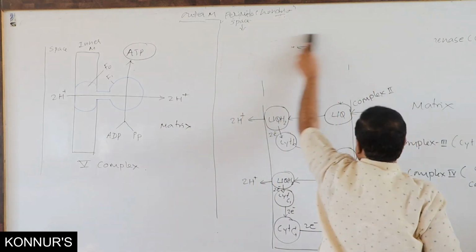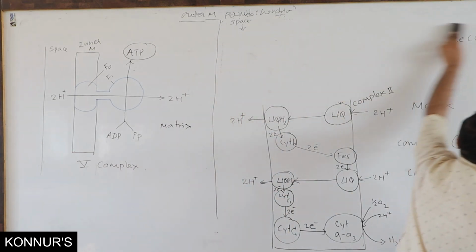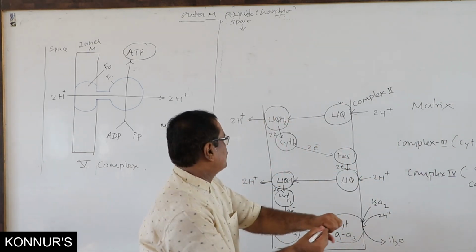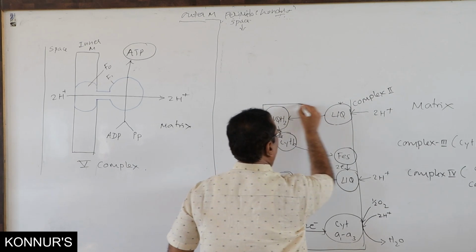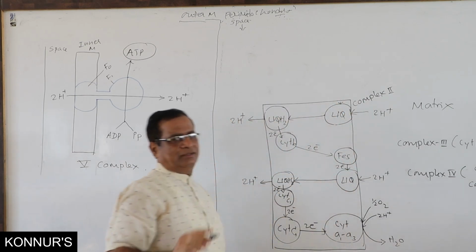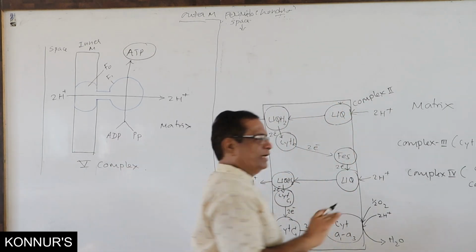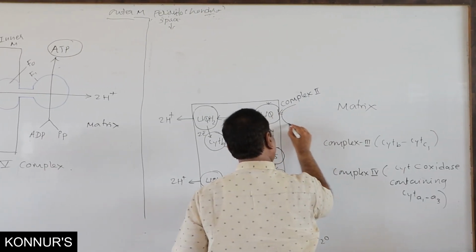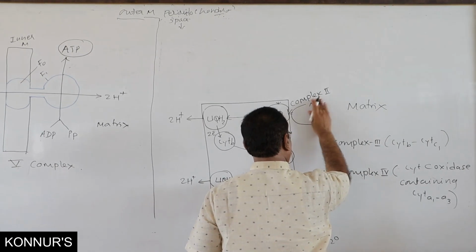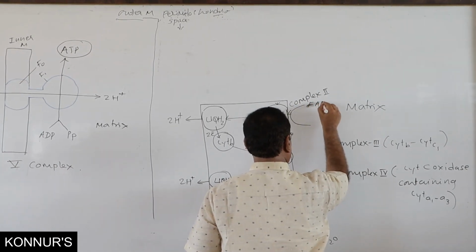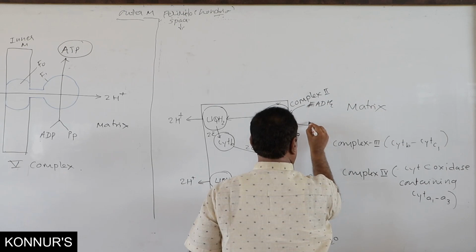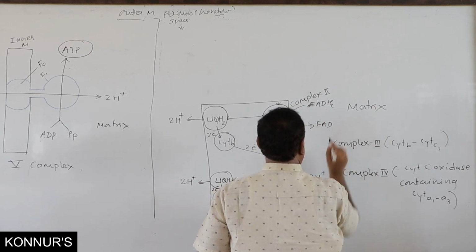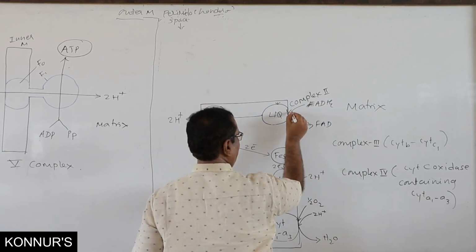The formation of ATP from FADH2: it doesn't have complex first. Instead, it starts with complex second. Here only FADH2 undergoes dehydrogenation.